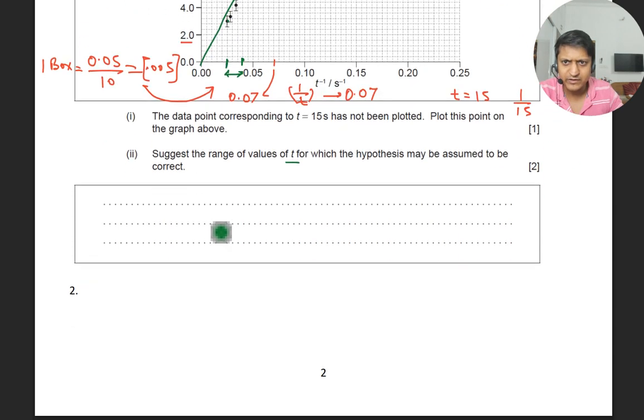Okay, so how will we calculate? Now see, 1, 2, 3, 4, 5. 5 boxes into what was the value of one box? 0.005. We will check it afterwards. And then 1, 2, 3, 4, 5, 6, 7, 8. 8 boxes into 0.005.